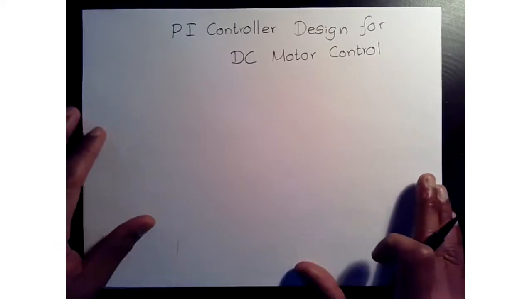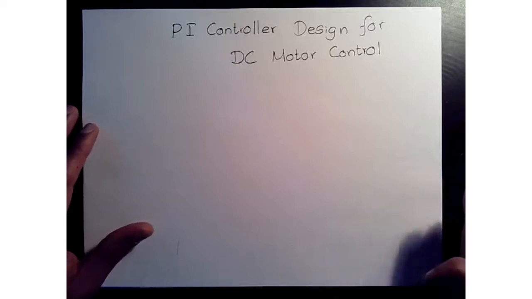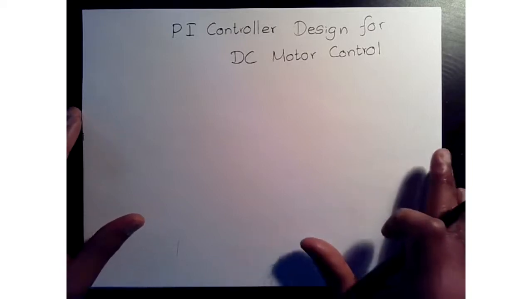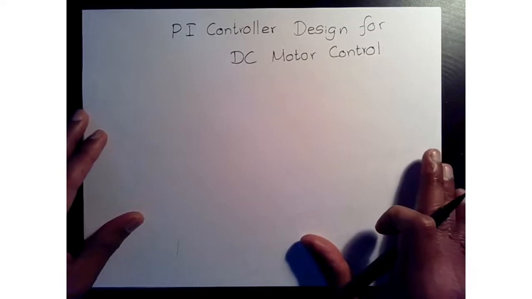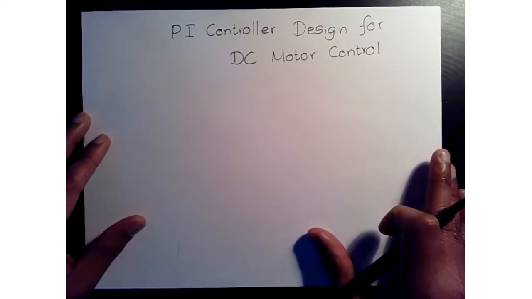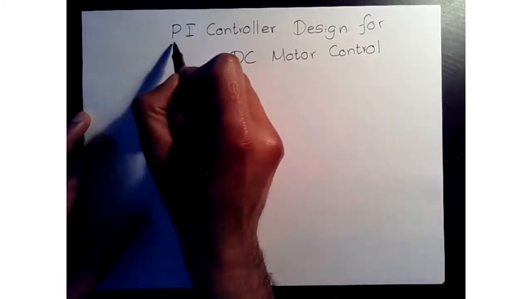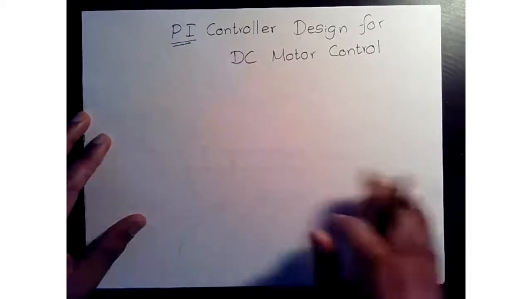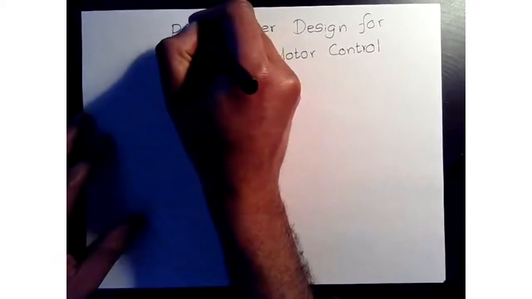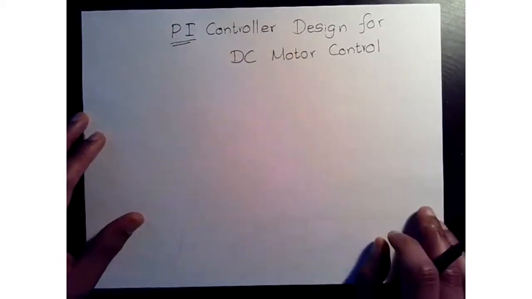The other variable is controlling speed. So we'll look at both of them and at what we need to do to design a controller, primarily a PI controller, a proportional and integral controller for a DC motor.